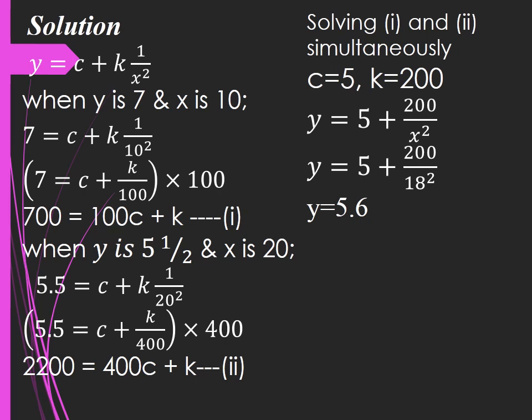Then when we solve equation 1 and 2 simultaneously, we get c is 5 and k is 200. So the equation connecting y and x is y = 5 + 200 over x squared. And then when x is 18, we are going to have y = 5 + 200 over 18 squared. And this gives us y is 5.6.